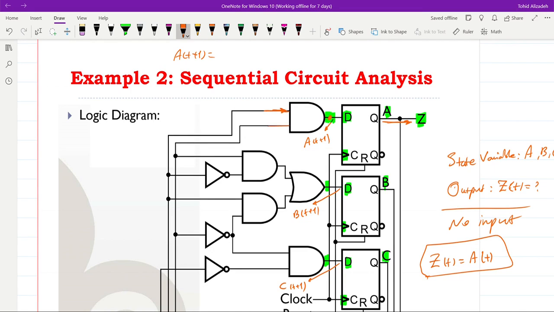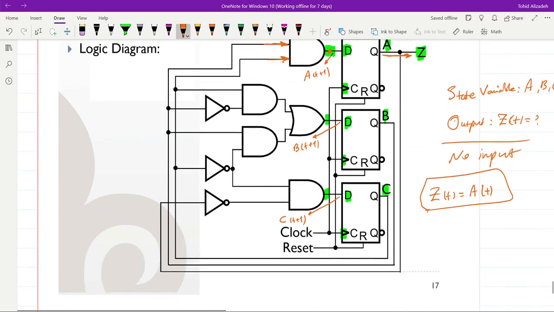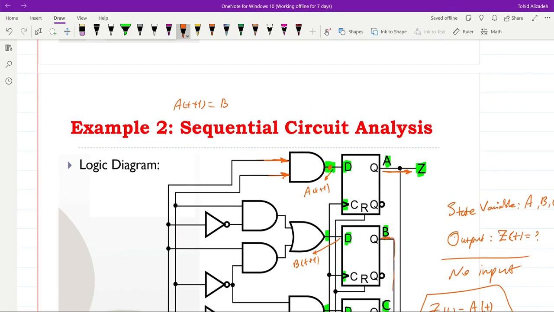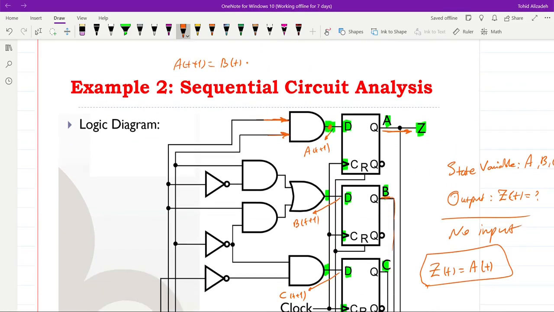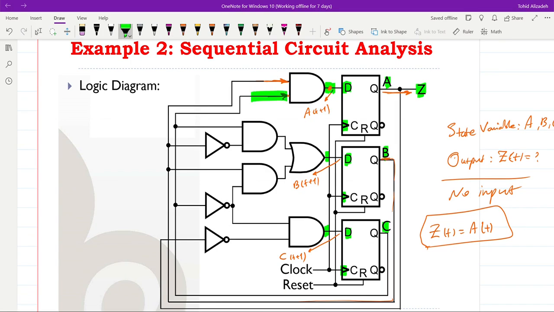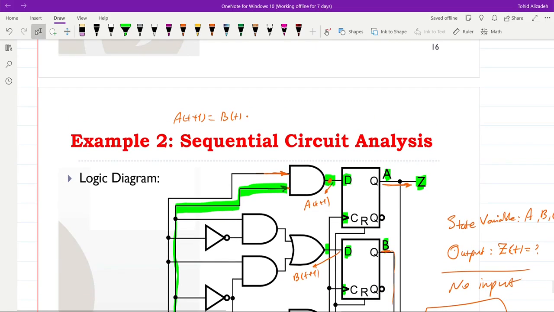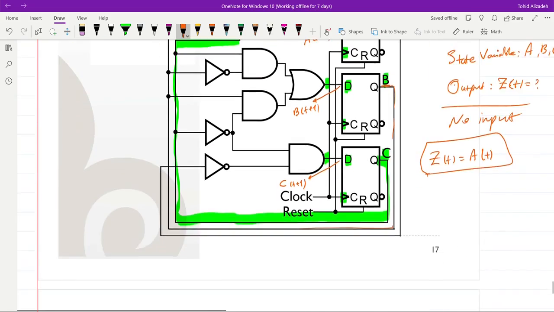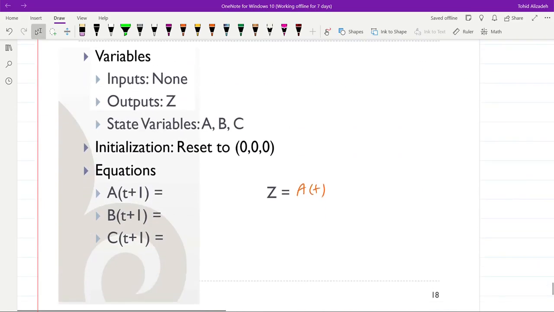If we follow them, the first one is connected to B. So A at t plus 1 will be equal to B at t, and the second input to the AND is coming from C. So A at t plus 1 is equal to B and C at t.